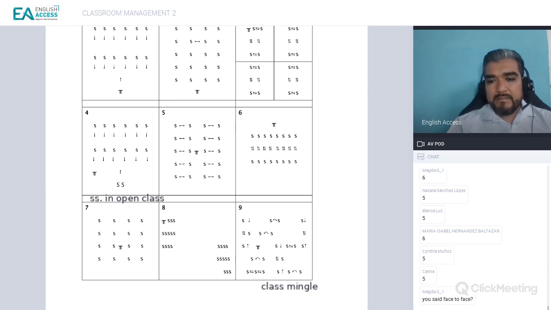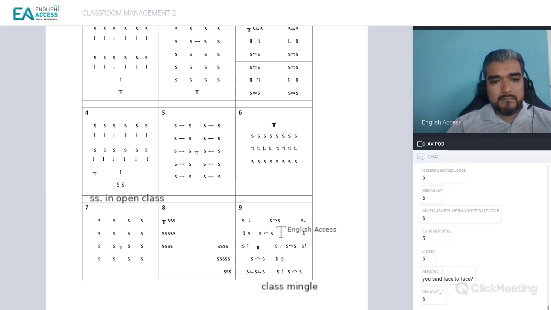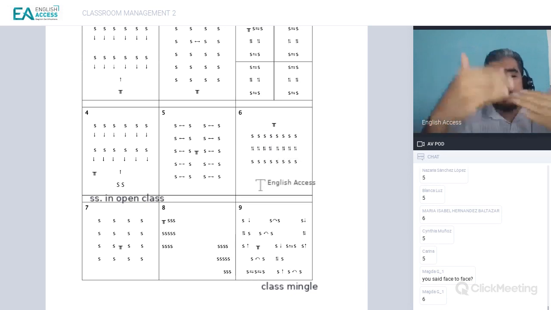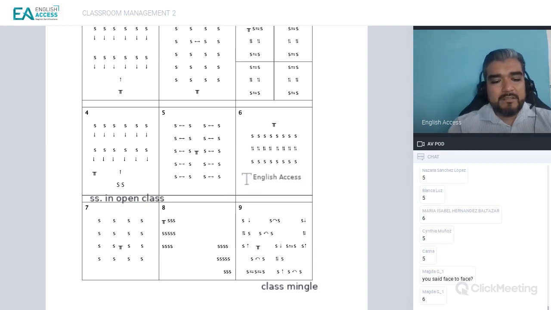They're very similar, right? I said they can be face to face. Yes, it's the number 6, right? Because I said they are face to face. They interact one to each other, right? This is called face to face.